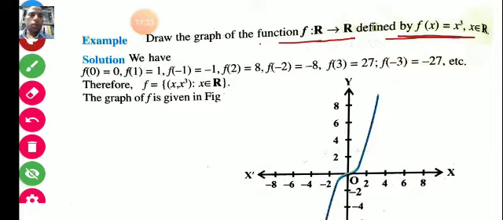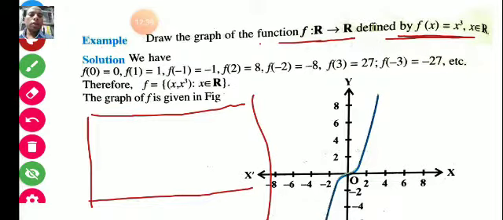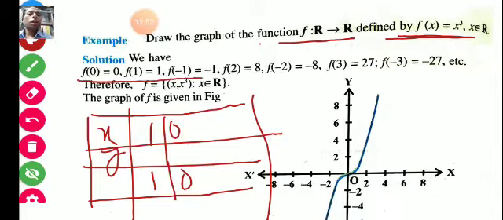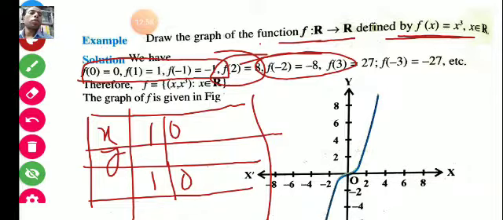Now if you draw a table and put the values of x and y, for 1 you will get 1, for 0 you will get 0, for -1 you get -1, f of 2 is 8, for -2 it will be -8.